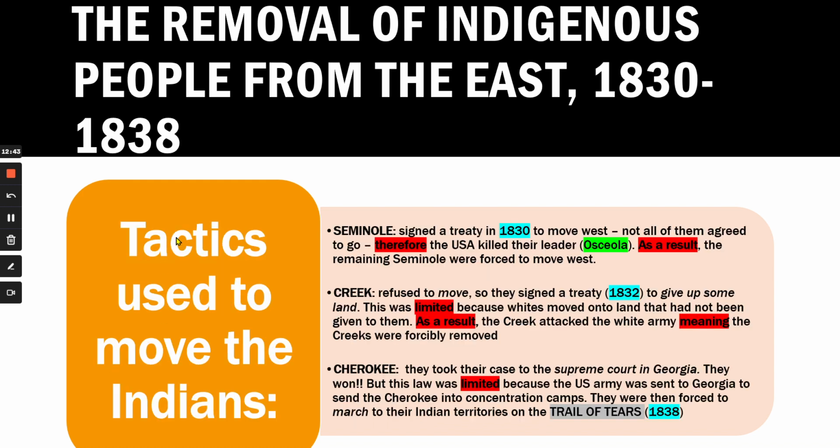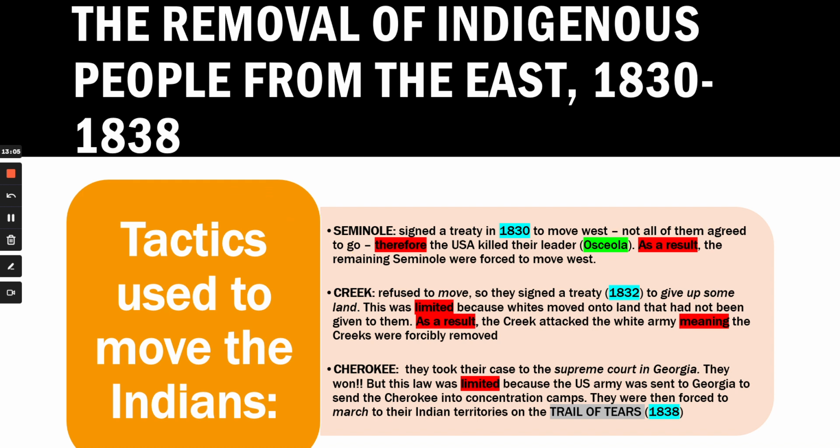But obviously this wasn't going to sit well with the white settlers if the Cherokee and the Creek were refusing to move. So the Seminole signed a treaty in 1830 to move west. Some of them did, but not all of them agreed to sign, and so not all of them went.